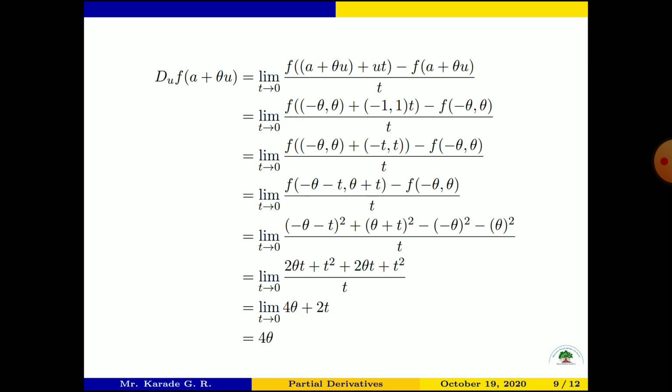If we divide by t, then what is left in the numerator is 4 theta plus 2t, and if I take the limit as t tends to 0, it remains 4 theta. So finally we have the directional derivative of f at a plus theta u in the direction of vector u is equal to 4 times theta.